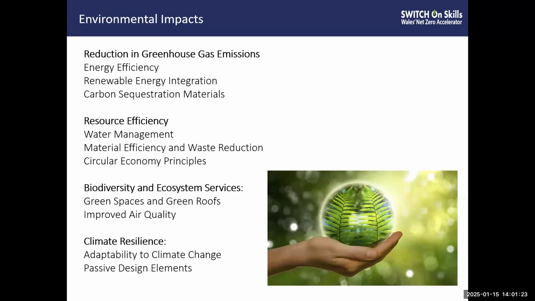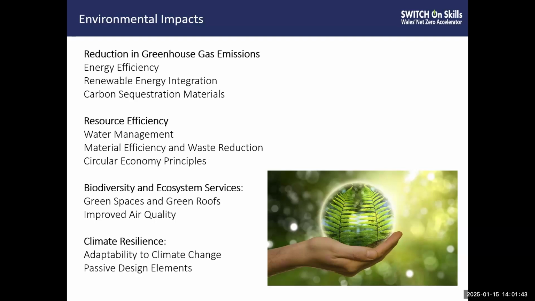Of course, the environmental impacts, if we're reducing our greenhouse gas emissions, then like I said at the start, up to 40% of emissions, up to 30% of carbon emissions were due to buildings. So a massive potential of reducing those emissions.